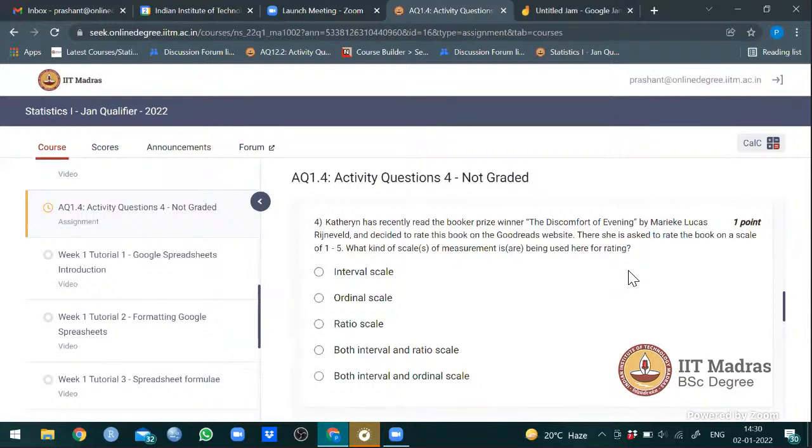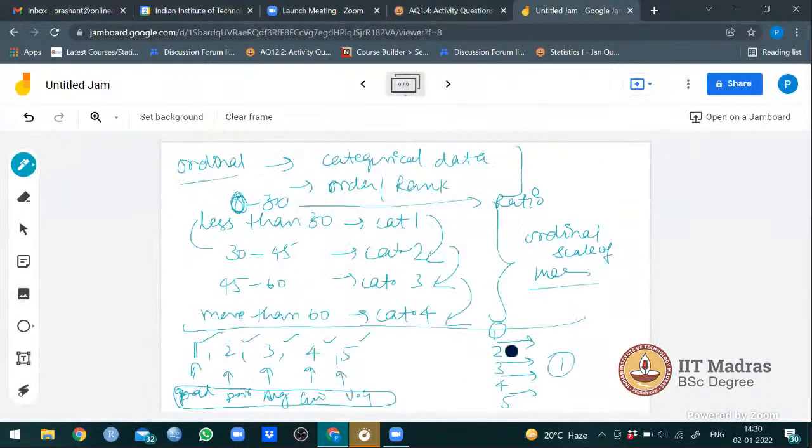I think it will be interval, right? See, the difference between each is 1, it's clear, and you can find an average rating like this as well. Okay, sir.